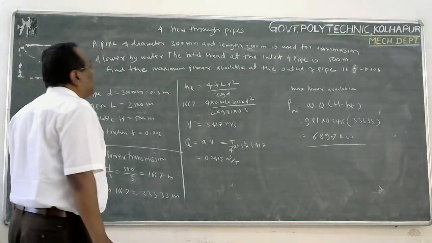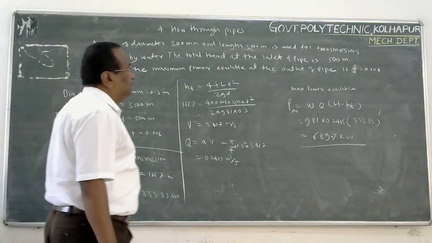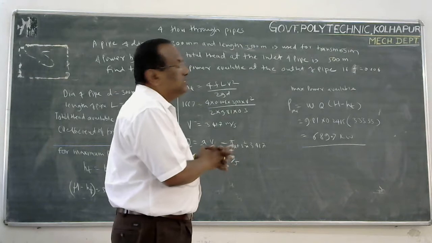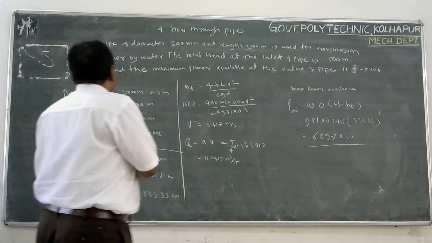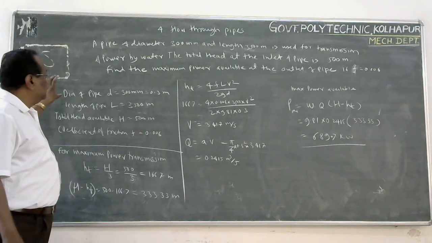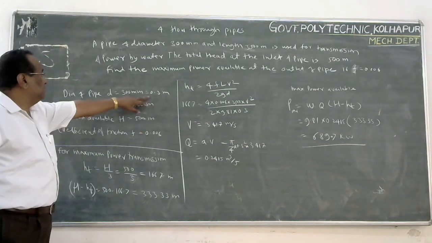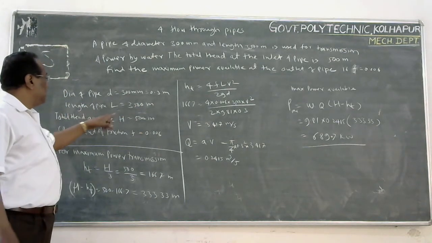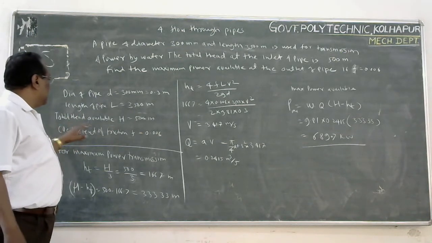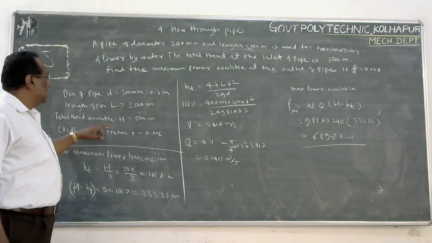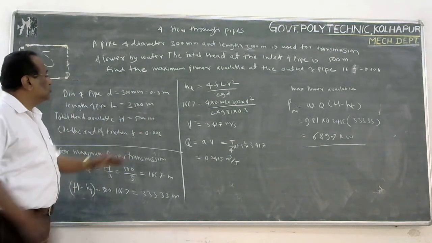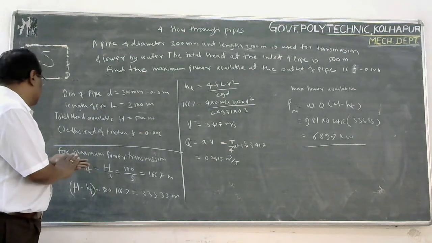Find the maximum power available at the outlet of pipe, if F, that is coefficient of friction, is 0.006. We list down the given things. Diameter of pipe is 300 mm, that is 0.3 meters. Length of pipe is 3500 meters. Total head available at the inlet of pipe is 500 meters. Coefficient of friction F is equal to 0.006.